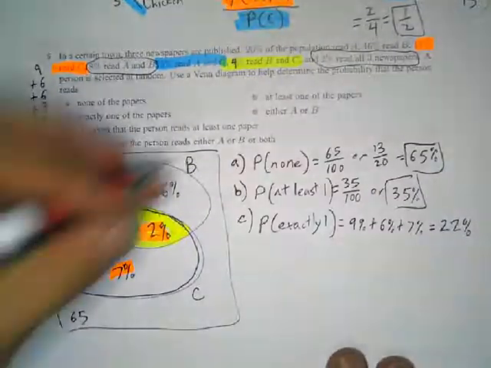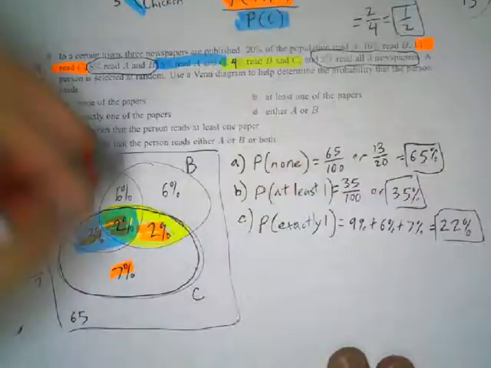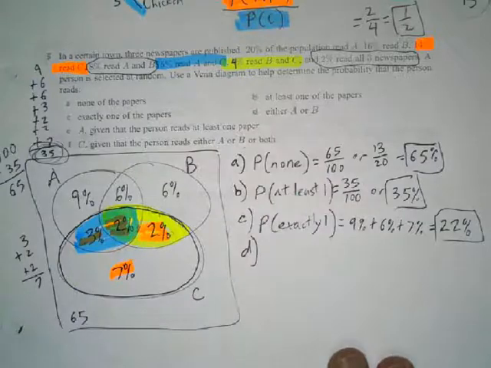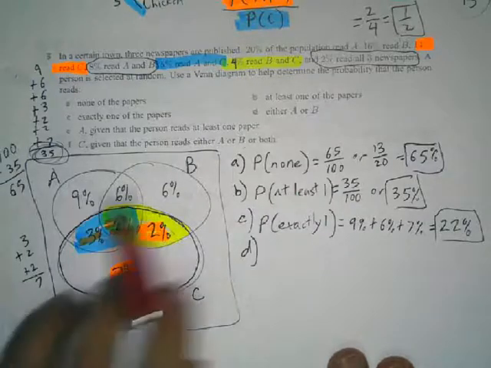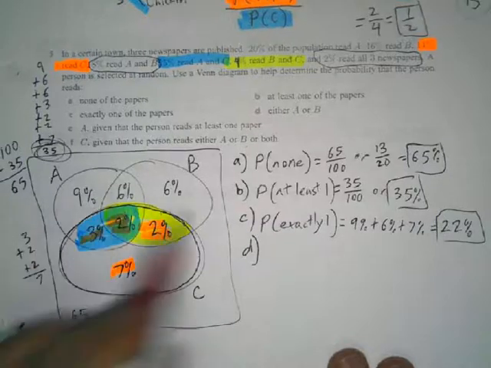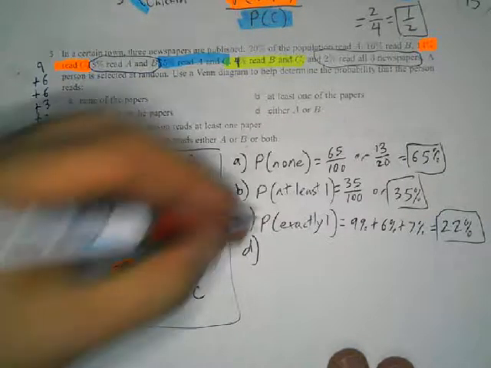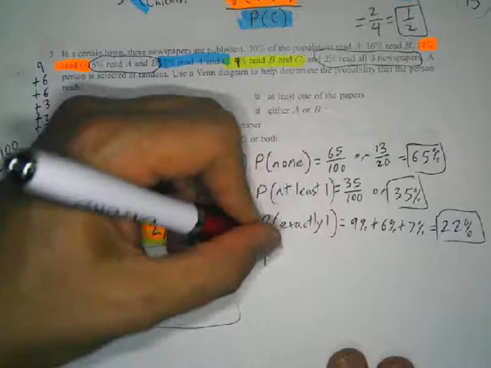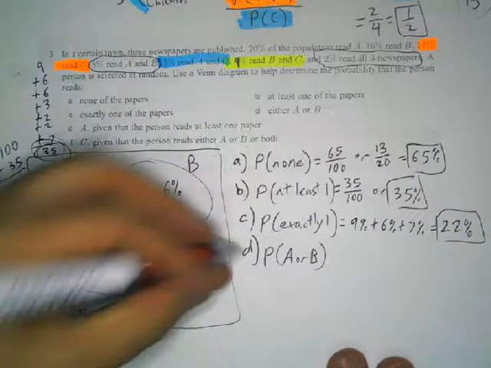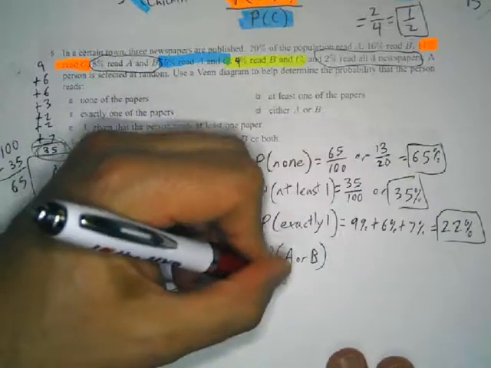Okay. D. Either A or B. So that means A or B. So it's everything in here, not including this out here. If it's A or B, then that could also be written as the union.